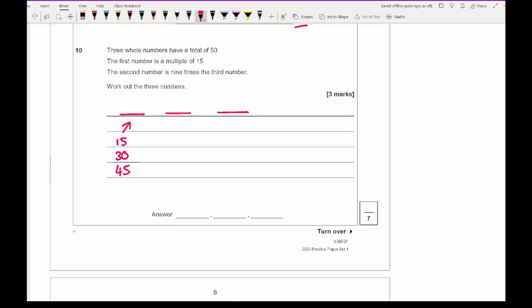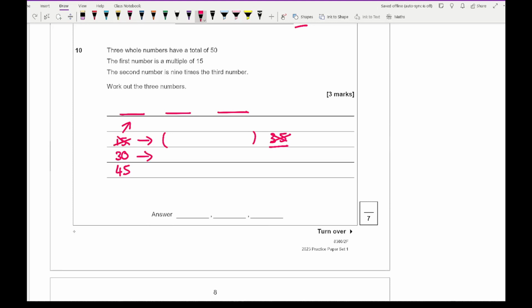Now if it's 15, then these two numbers here need to add up to 35. Now with this number being 9 times the third number, what we need to do is basically look at a number of parts. So we're looking for a multiple of 10. Now this number is not a multiple of 10, so that means 15 can't be the correct number.